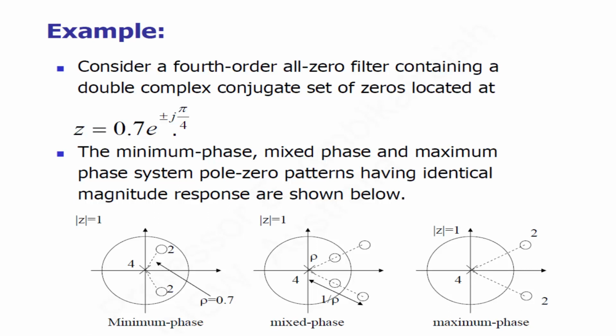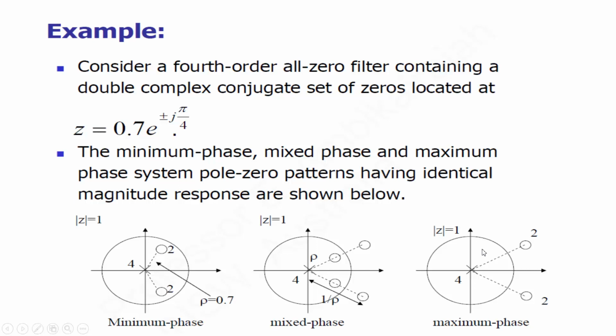That's why they will not contribute anything to the transfer function. The minimum phase, mixed phase, and maximum phase pole zero patterns have identical magnitude responses. Now, if you try to get the transfer function out of this, you can get the transfer function for all these systems, right?